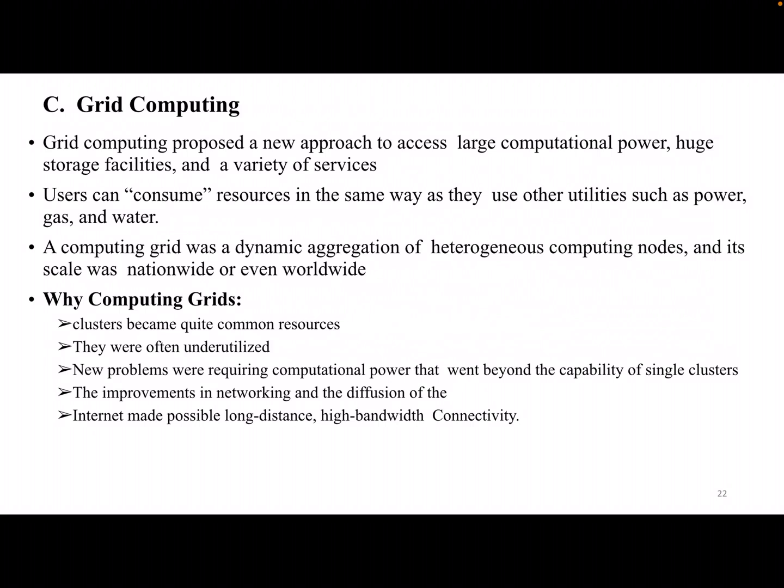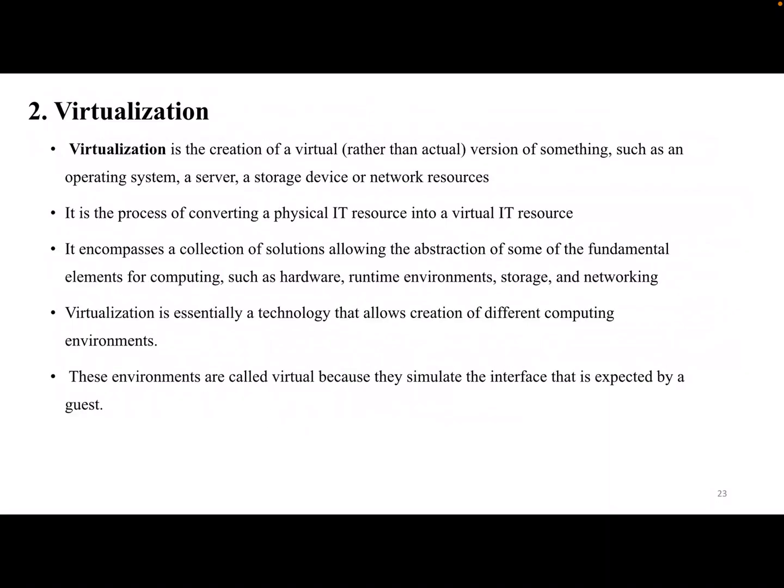The improvements in networking and the diffusion of the internet made long distance and hybrid connectivity possible. Basically, grid computing is a computing infrastructure that combines computer resources spread over different geographical locations to achieve a common goal. It is a new approach to access large scale computational power, and it has huge storage.